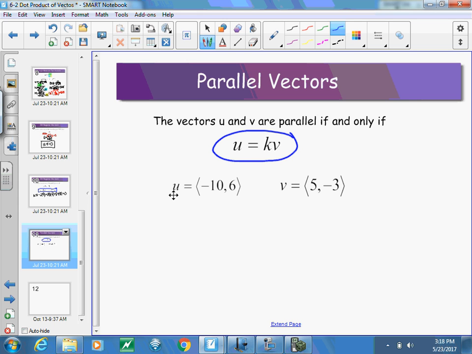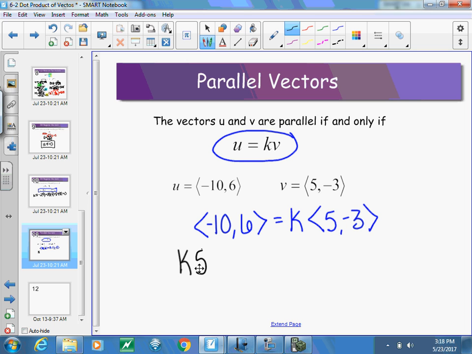So for example, vector u is negative 10, 6, and vector v is 5, negative 3. I'm looking at whether there is a scalar multiple that works out. We talked about scalar multiples back when we were dealing with operations. Really, this is saying that k times 5 would have to equal negative 10, and k times negative 3 would have to equal positive 6.